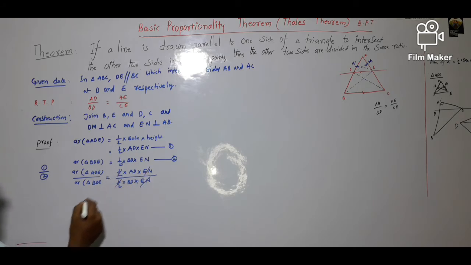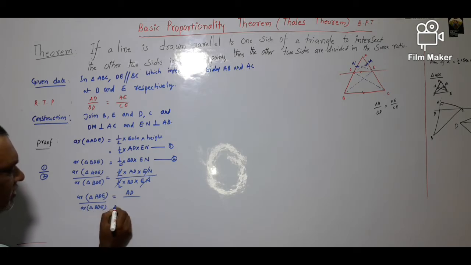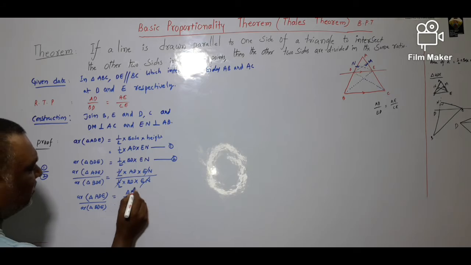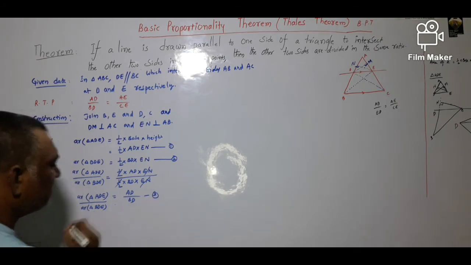EN cancels, half cancels. We get area of triangle ADE by area of triangle BDE is equal to AD by BD. This is equation number 3.